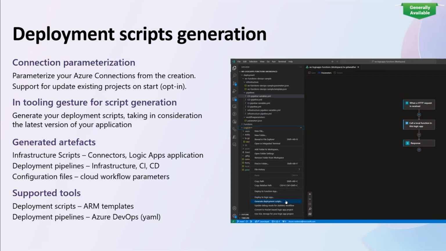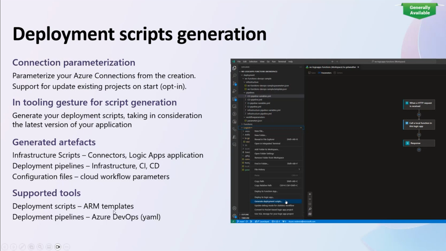It's also going to create pipelines to run that infrastructure, to do the CI and the CD, and it takes your configuration files and creates a copy of them, so you can reuse that in other places and change the configuration files without impacting your project.